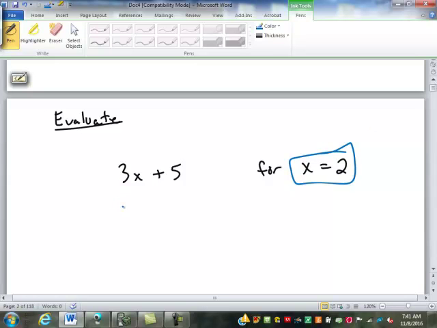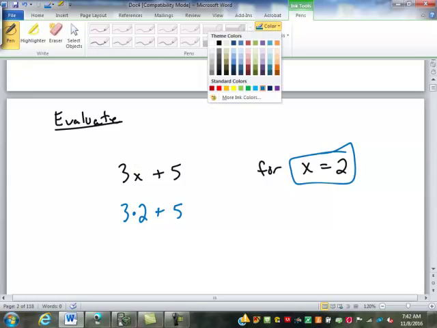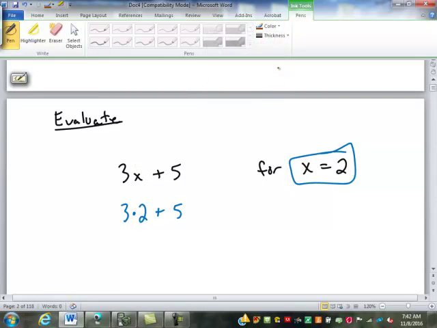So 3x is going to be 3 times 2 plus 5. 3x means 3 times x. So you put the 2 in for x, it's 3 times 2. So now we have 3 times 2, which is 6, plus 5 is 11.